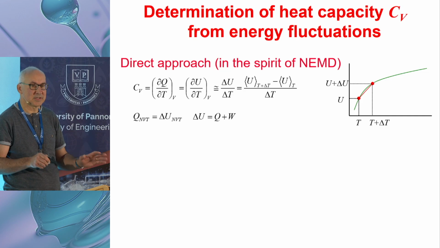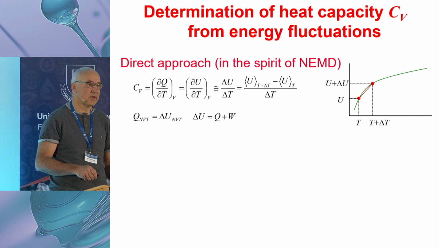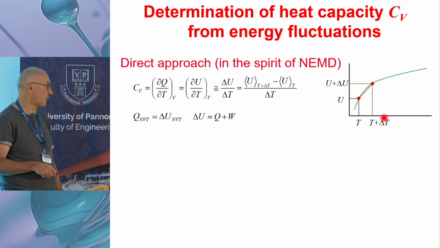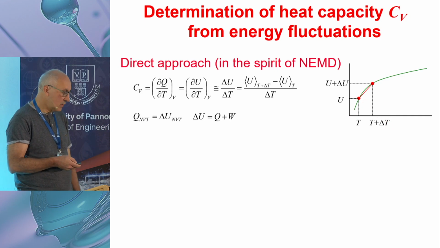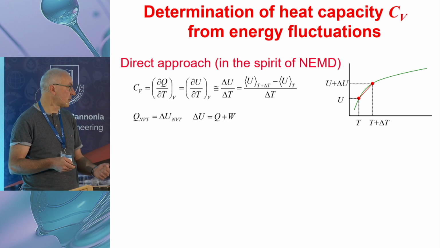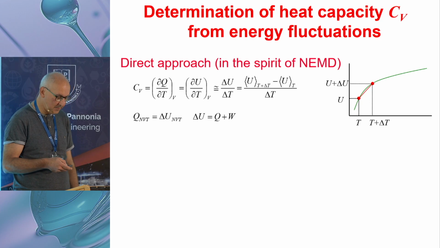We know that CV is not too sensitive to temperature, but in principle we face these problems. So typically we need to select several delta T values, and then, statistically analyzing these results, choose which temperature difference is the best. That is in the spirit of non-equilibrium MD, I mean turning on the perturbation, in this case heating up the system.